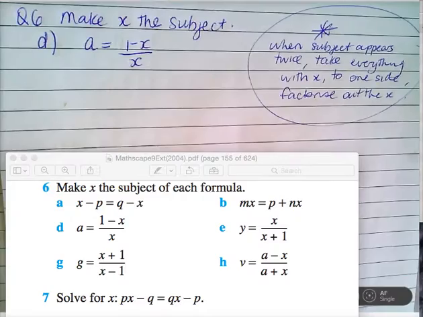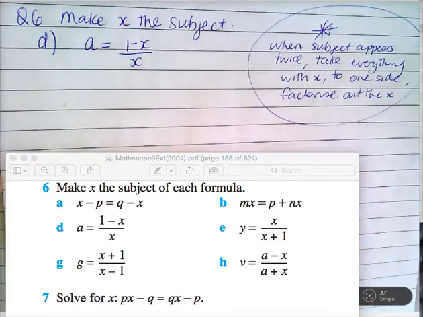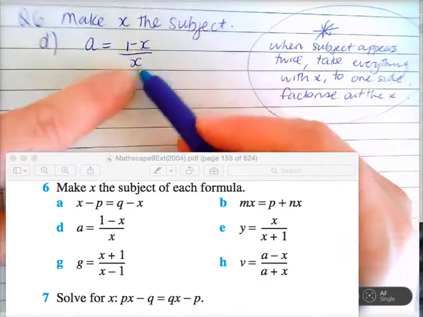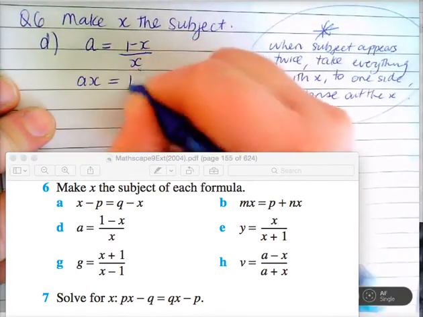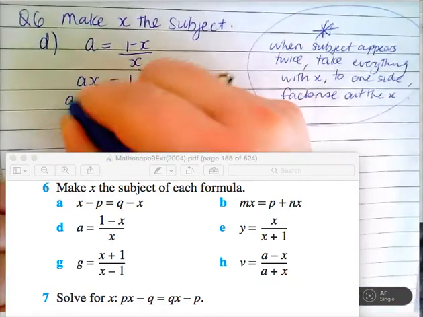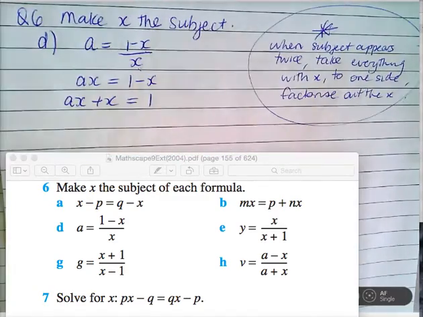But first you've got to manipulate. So what would you do here first? Tell me what you don't like about this. The fraction. So let's get rid of this divide by x. So I get ax is 1 minus x. Now you're trying to make x the subject, but it's appearing twice. So put everything with x's on one side: ax plus x equals, and keep anything without the x on the other side.